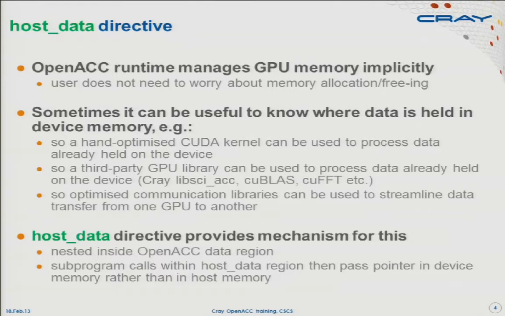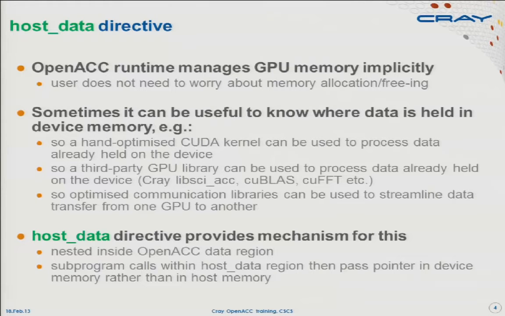So basically, you've got an OpenACC data region. Well, of course you have. That's how you got your array onto the GPU to start with. Now that this array is on the GPU, within the acc data region, you would like to process this data on the GPU in some way. So within this data region, you want to say, I'm calling something: a library call, a call to your own CUDA kernel, a call to MPI.